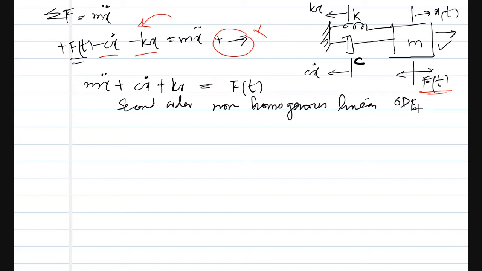It's called a second order non-homogeneous linear ordinary differential equation. Why is it called second order? Because the derivative is a second derivative. And why is it called non-homogeneous? Because the right hand side is not equal to 0, but rather equals F of t. And why linear? Because the power of x, x double dot, or x dot is 1.